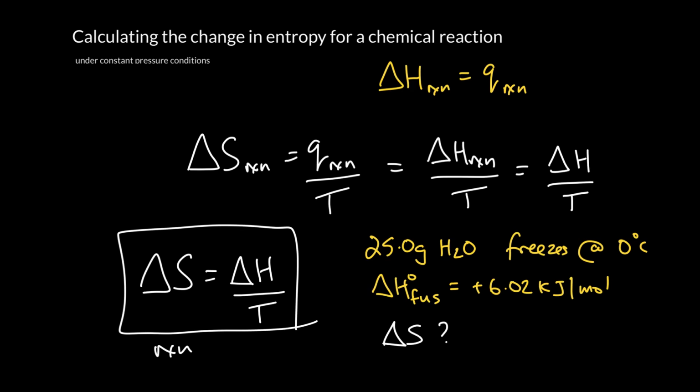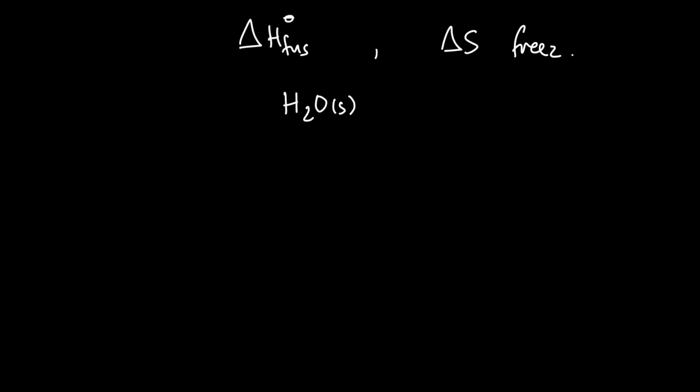All right, how are we going to do that? Well, let's go ahead and pull up another slide and go through it together. So the first thing to remember is we're given delta H of fusion, but we are trying to find delta S for the freezing reaction. And what is the fusion reaction? Well, fusion is melting.